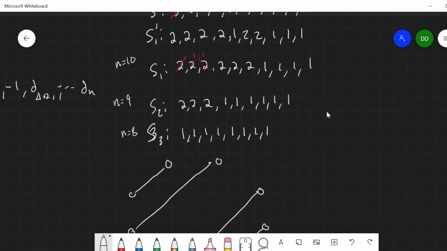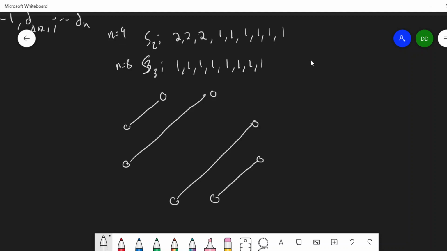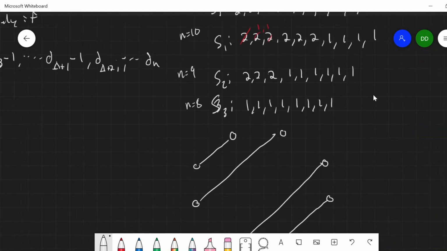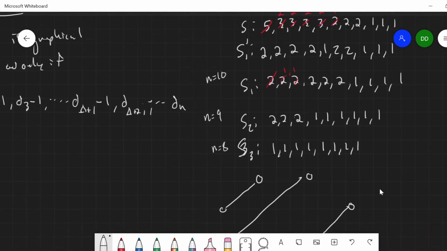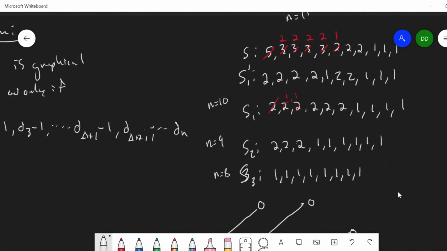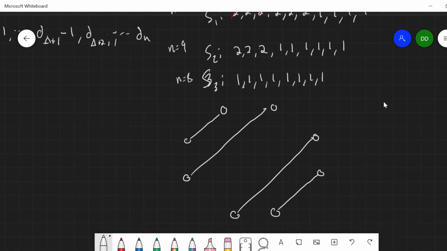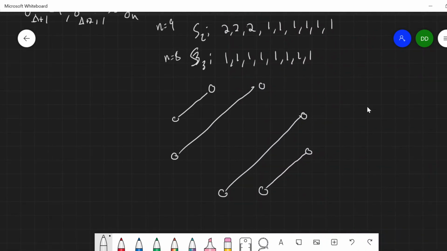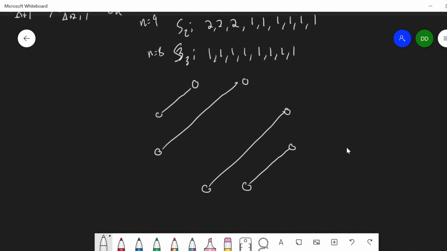And we can also go the other way. If we know this is graphical, then the next one up is graphical. So we know our original sequence is graphical now because we can go the other direction with it. So how do we go the other direction? How do we go from here to here?